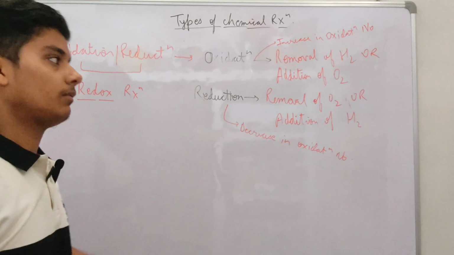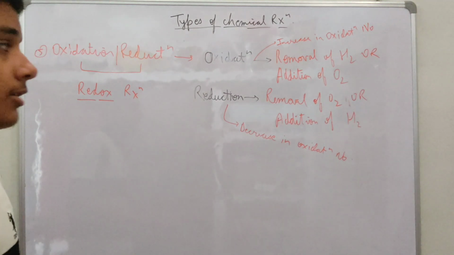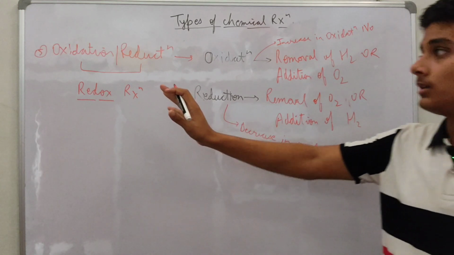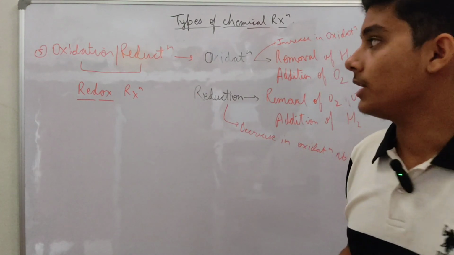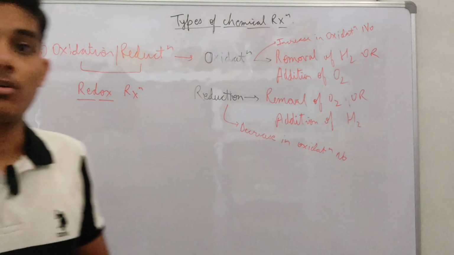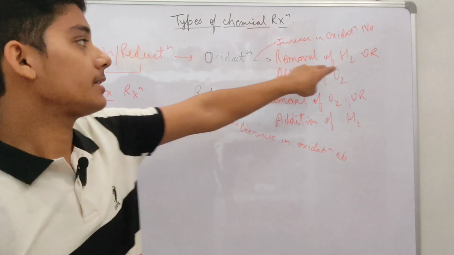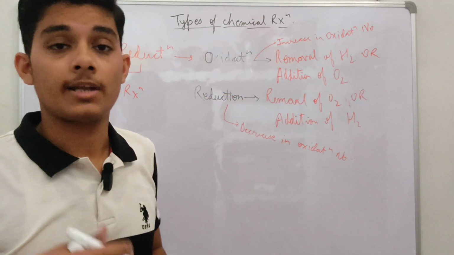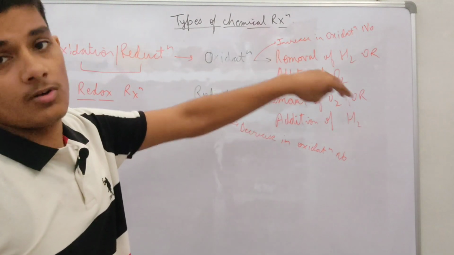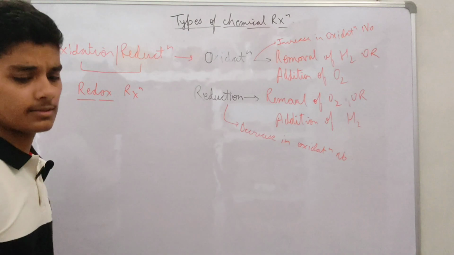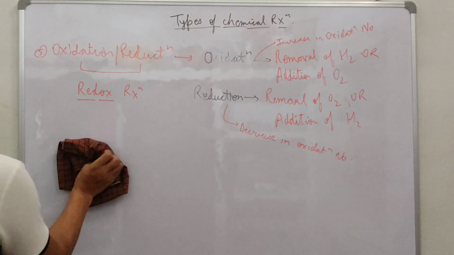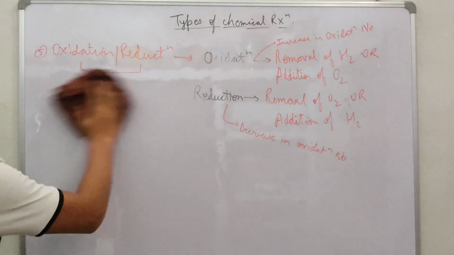What is oxidation number? We will discuss it in the next video. According to this, the oxidation and reduction concept will become very easy. Otherwise, in many reactions you cannot identify by this definition which compound is oxidizing and which is reducing. So this definition is not complete, but for this class and the board exam, it is complete, because in NCERT it is given normally.